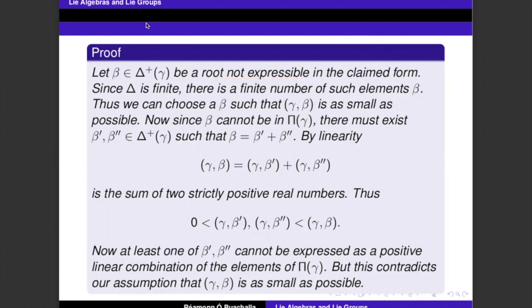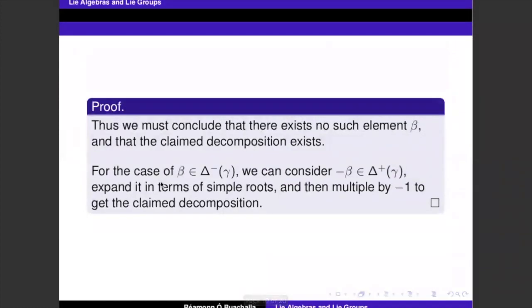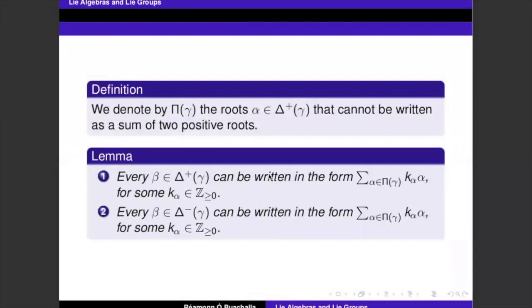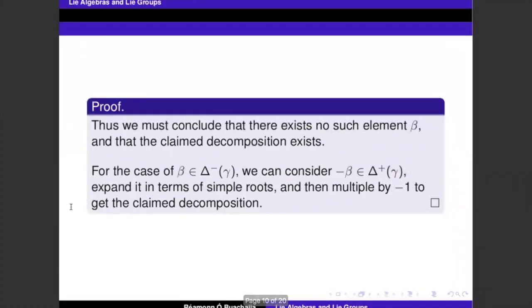Which means, in particular, that, let's go back up just to see what we've proved. Here we are. Basically, we've now shown that every positive root can be expressed as a linear combination of this one. For the case of a negative root beta, we can consider minus beta, which lives inside the positive roots.